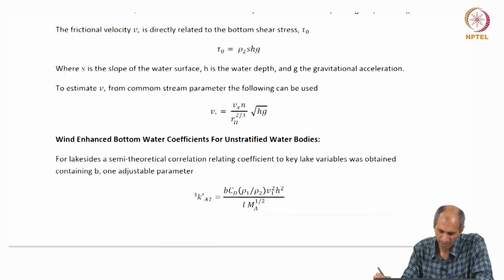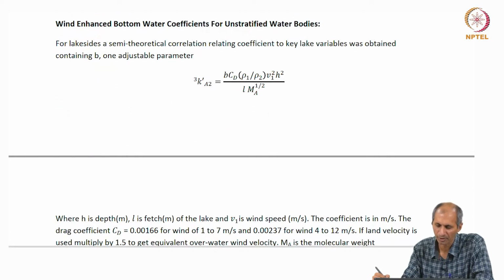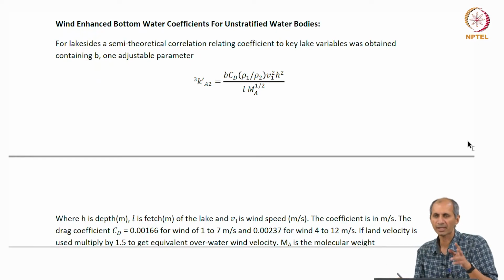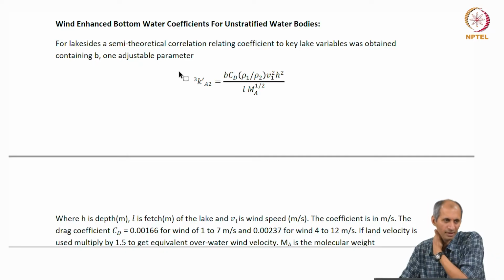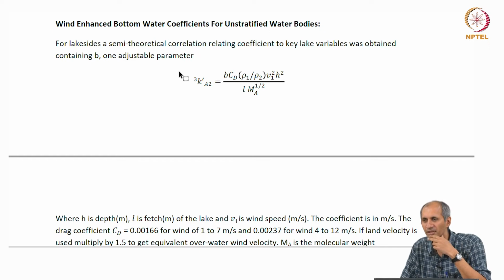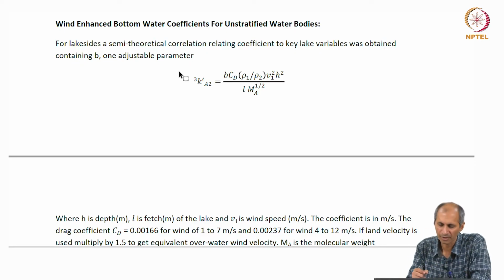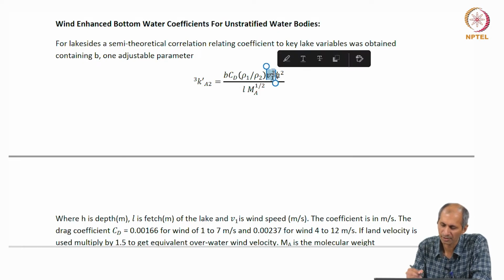Then we have wind induced water coefficients for unstratified water bodies, which means there are no temperature gradients, but there is wind induced turbulence. If you notice, it is Ka23. Which interface is this? It's a sediment water interface. So this is only applicable where it is a wind induced sediment water interface, because there is no flow, unstratified water bodies. You will see that there is one parameter in this, the velocity of air.